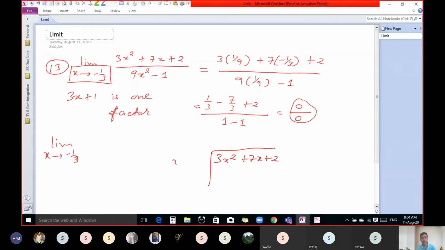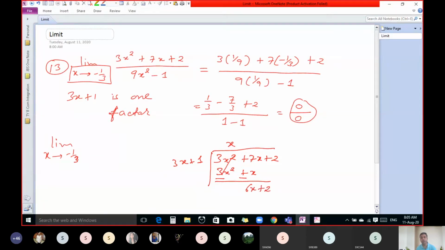Then here you have to write 3x plus 1. Now first term divided by first term, 3x square upon 3x, we get x. So multiply this by x. So here we get 3x square plus x. Now change the sign. Cancel this. Now 7x minus x, that means 6x plus 2 as it is.